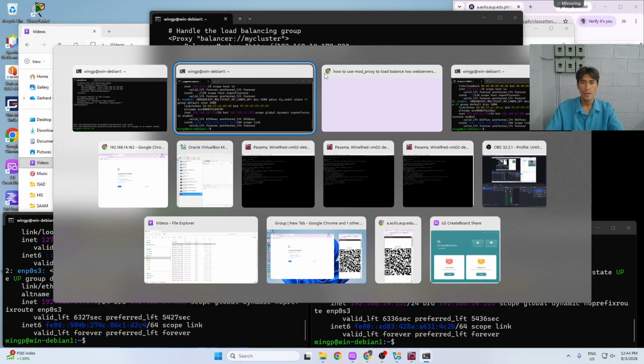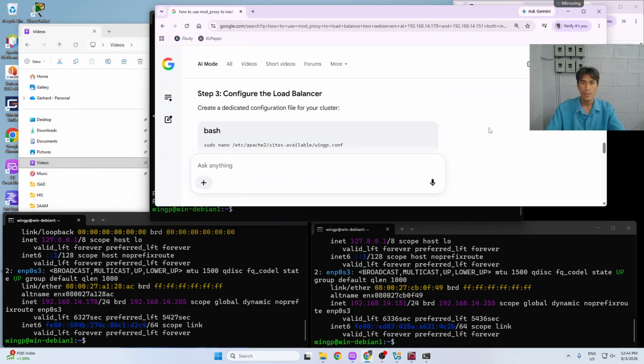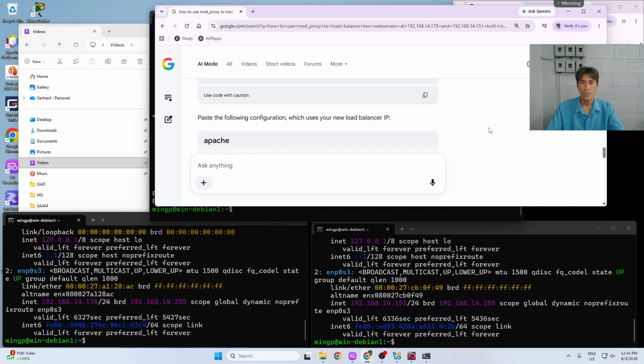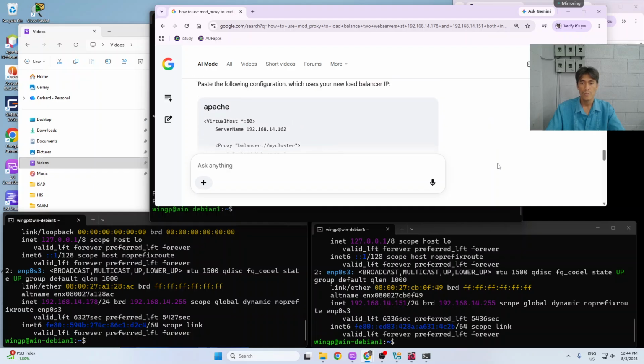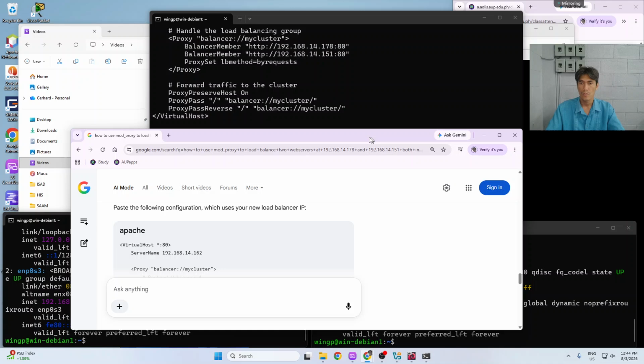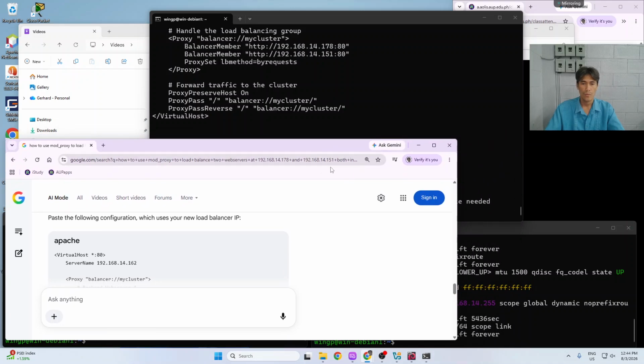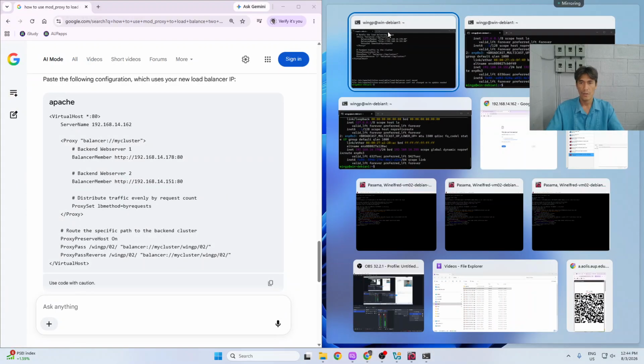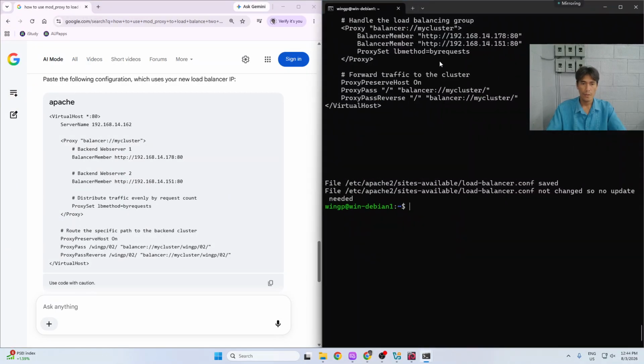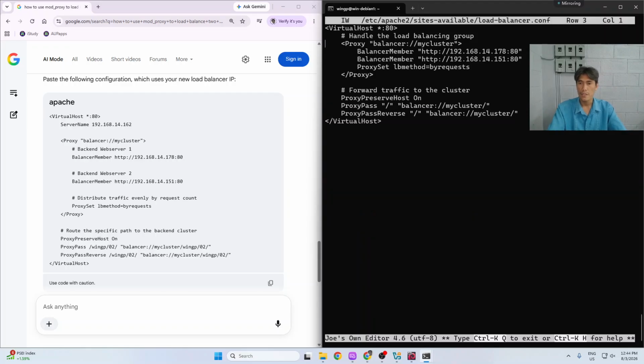According to the tutorial, we named WinGP. Okay, let's edit again. Virtual host 80, my cluster, web server 1, web server 2, load balancer, balance number, server name.